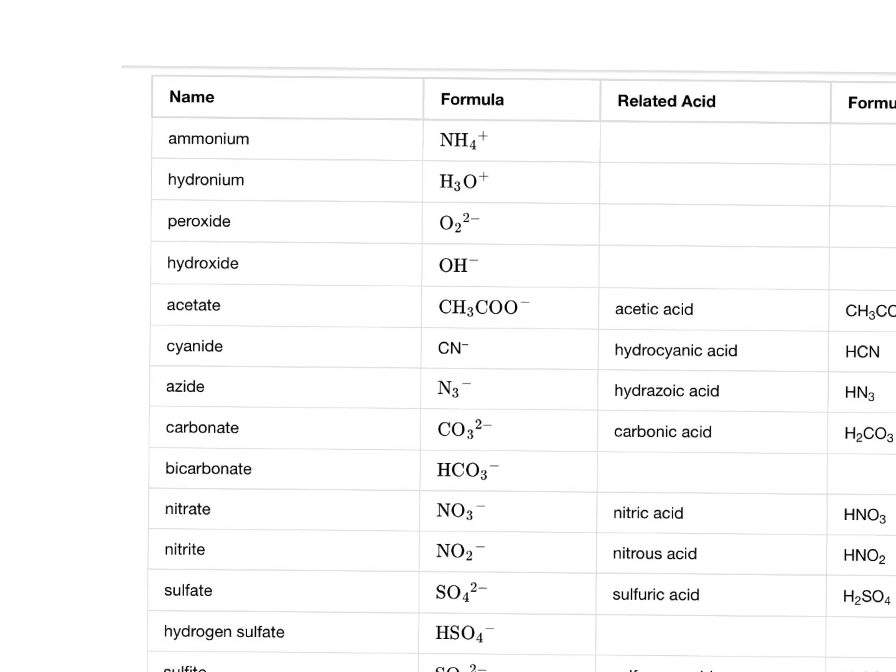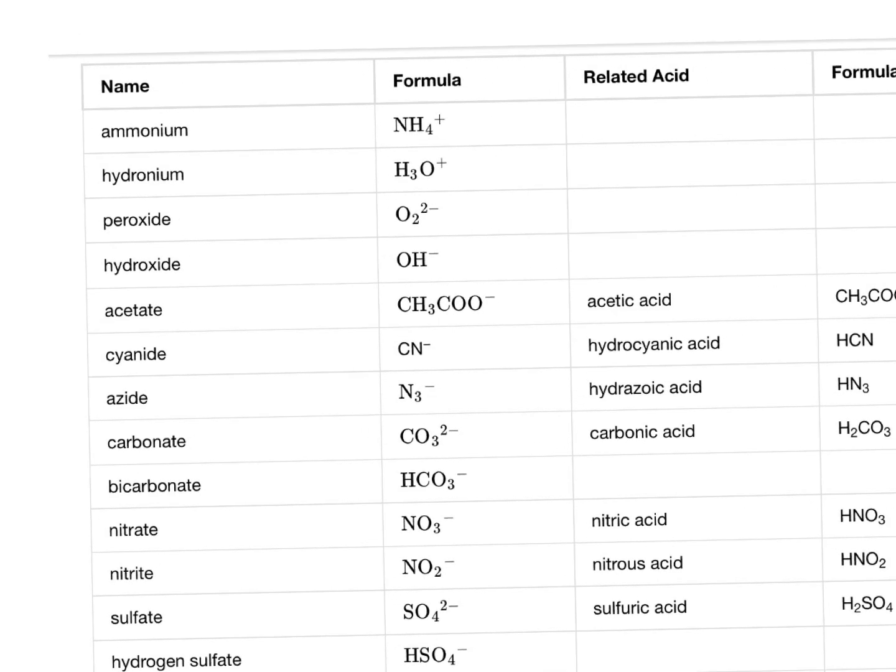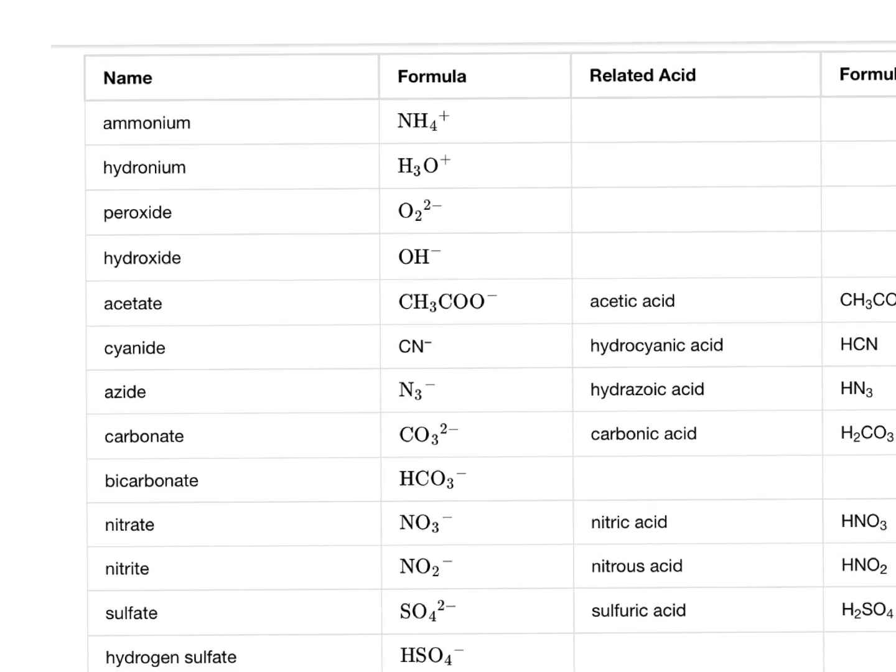Okay, it's hard to see this, so can you see that? All right. So we're just going to go through these quickly, because you're going to have this sheet and you can look at them and refer to them, yeah? I'm going to give you a whole page.